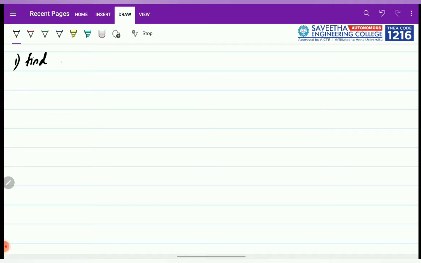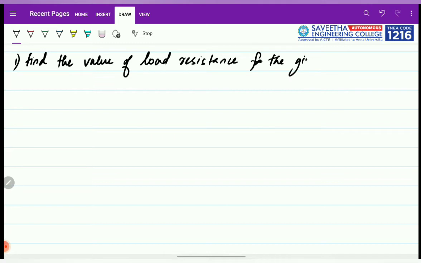Find the value of load resistance for the given circuit to transfer the maximum power.